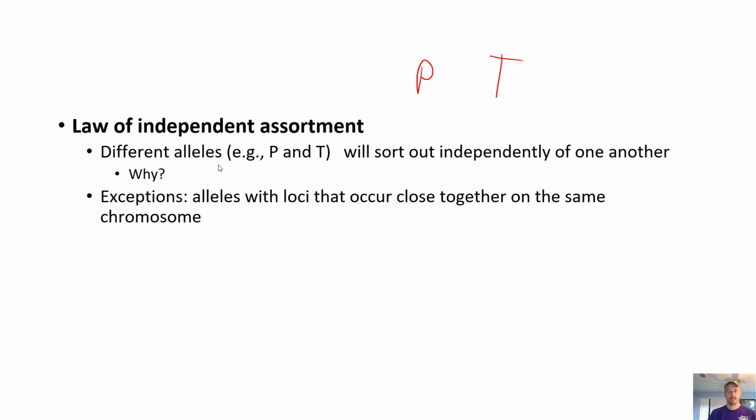Probably because color is on one chromosome, and height is on another chromosome. So they're inherited completely independently of one another. Now, there are exceptions in biology to this. For example, purple and tall might be inherited together a lot if they are right together on the same chromosome. But in the case of Mendel's pea plants, that was not the issue.